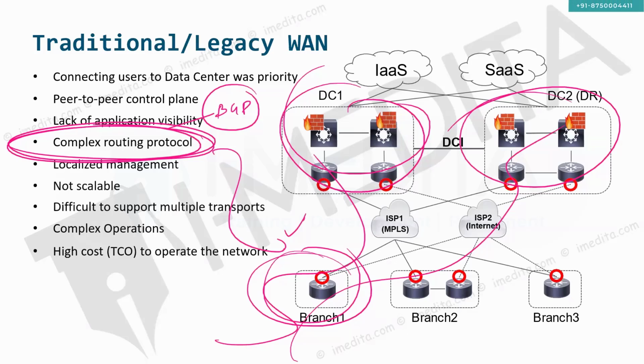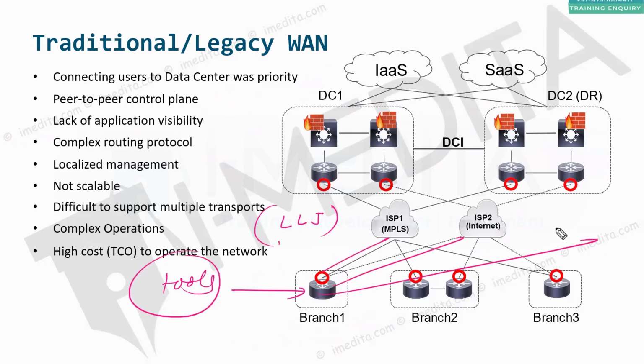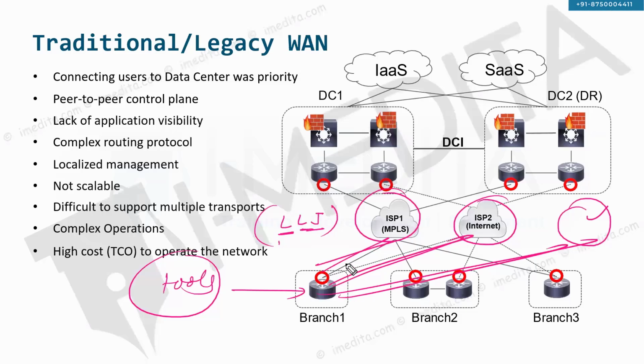For example, if I want to configure a policy in such a way that our business critical application traffic must go over the transport that has low loss, latency, and jitter, we will need to use some tools to observe which of the multiple transports has the lowest packet loss, delay, latency, and jitter. And then based on that, we can configure this device to prefer one path over another.